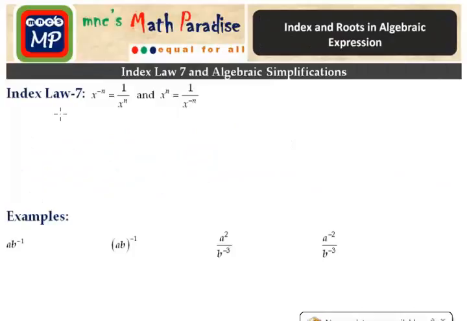In this section, we will learn index law 7, where we will learn how to handle negative power. So for example, here x is the base and the power is minus n, that is negative power. So x to the power minus n, we can write it as 1 divided by x to the power n.